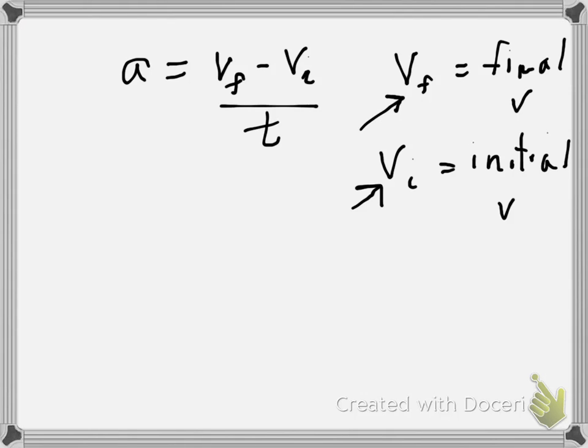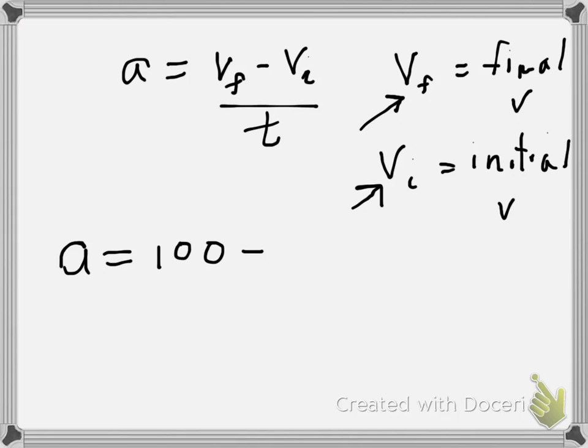So we'll just do a little sample problem. We'll say a race car, and we'll solve for acceleration here. We'll say a race car takes off down a track, and it goes from 0 to 100 meters per second in 10 seconds. Okay, so the final velocity would be 100.